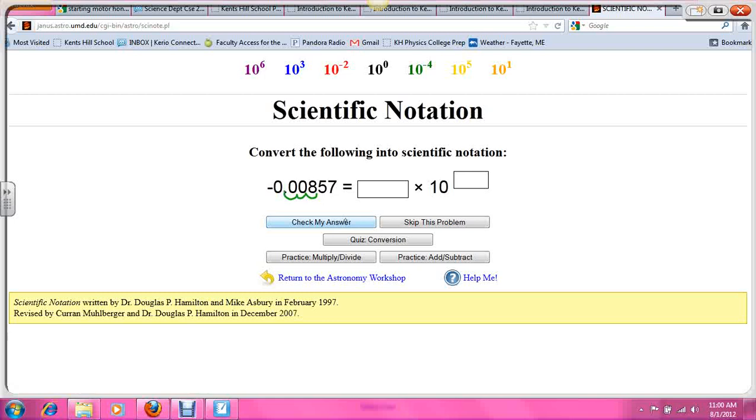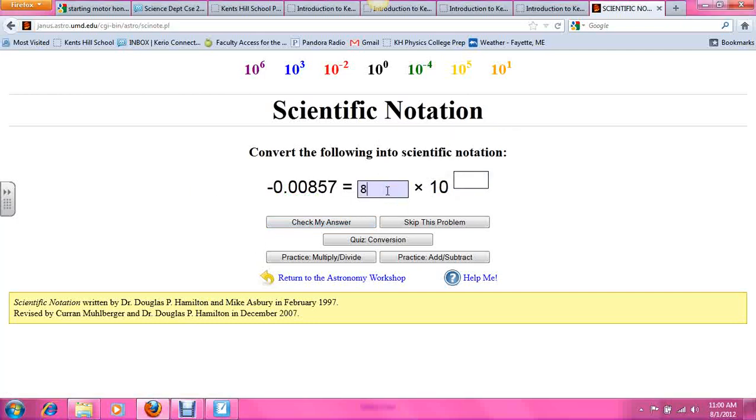So we have 8.57. But we're missing something. We can't forget the negative in front. And the negative in front does not mean automatically there is a negative exponent. The negative in front literally means your number is negative. So it goes in front of your base number.